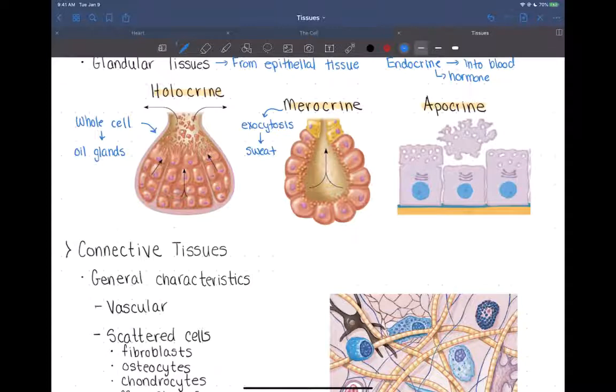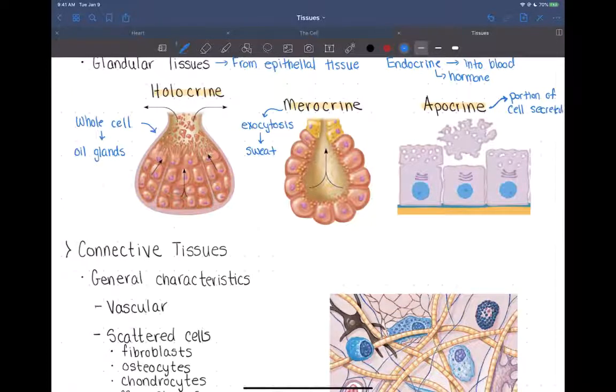Okay, and then lastly, we can have apocrine secretion. All right, and so for this, a portion of the cell, right, and the name comes from the apex of the cell, right, is being secreted. All right, so a portion, not the whole cell, is secreted.